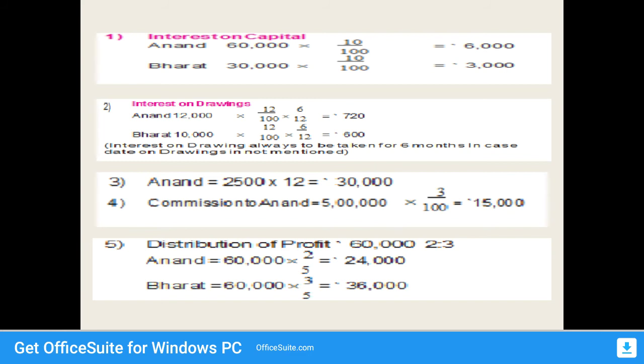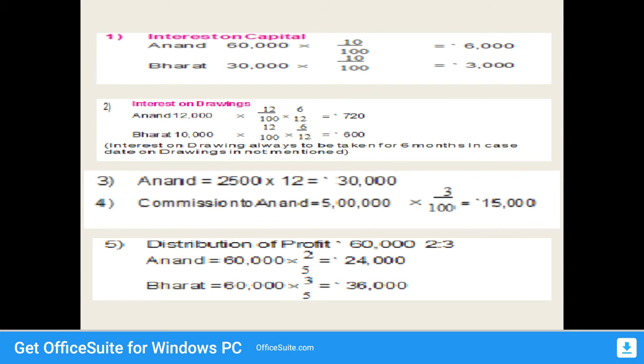Fifth, distribution of profit as per the ratio given, profit amount 60,000 and ratio 2:3. So Anand 60,000 multiplied by 2 divided by 5, so 24,000, and Bharat 60,000 multiplied by 3 divided by 5, 36,000.